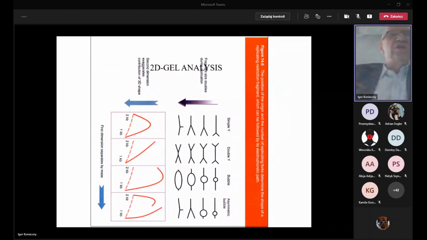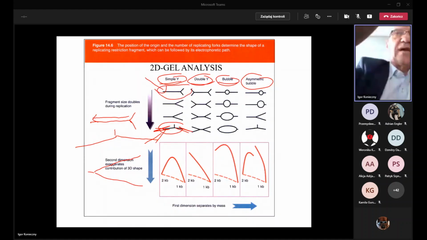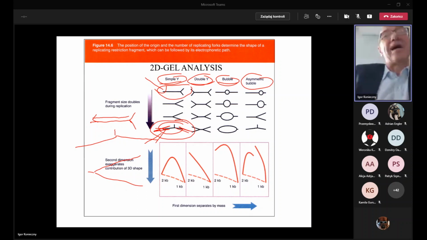In 2D gel analysis, the first dimension separation is by mass. Let's say that this is 1 kb, so this one at the end would be almost 2 kb, because it's almost doubled. Also this one, with an average size of 1 kb, would be almost 2 kb at the end.